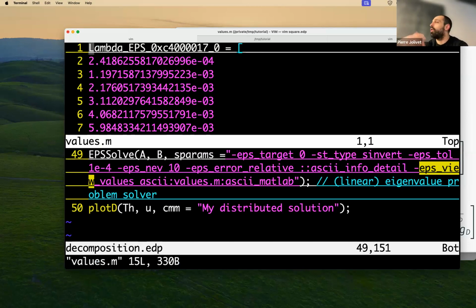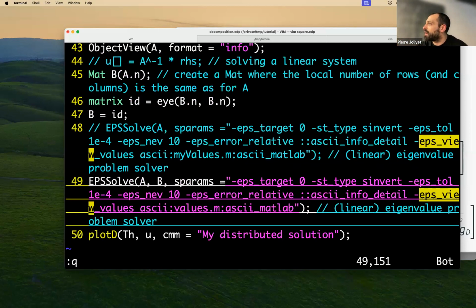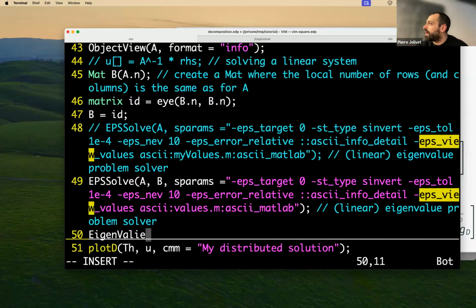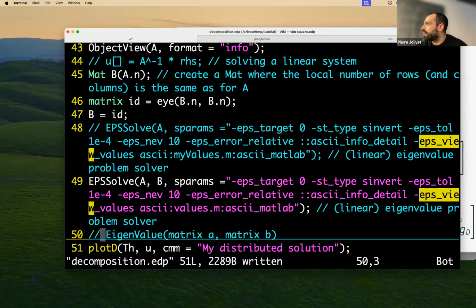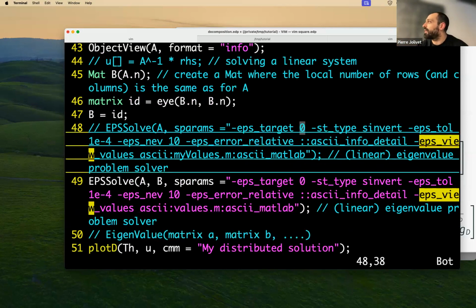So the API resembles what you have if you use ARPACK. ARPACK is the old way of solving eigenvalue problems, and the API is really similar. You do something like eigenvalue, and then you put two matrices, matrix A and matrix B. Then you can also add additional parameters, and this is exactly the same here.